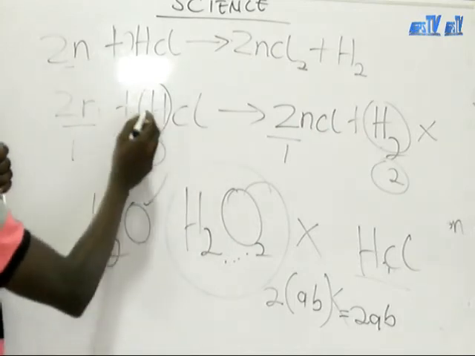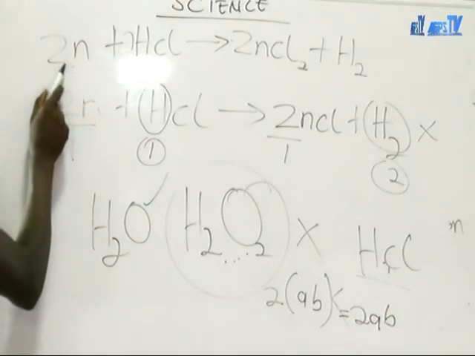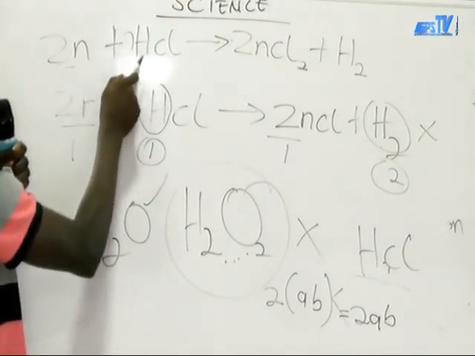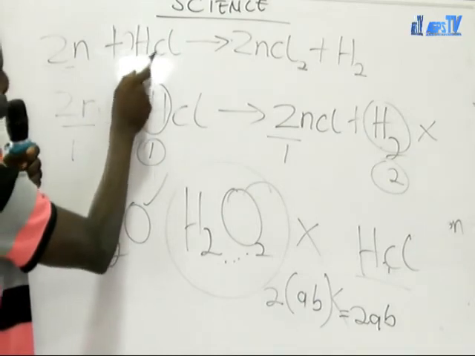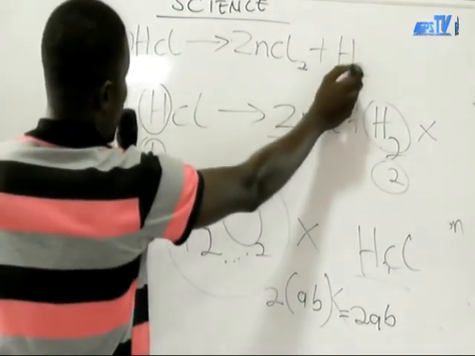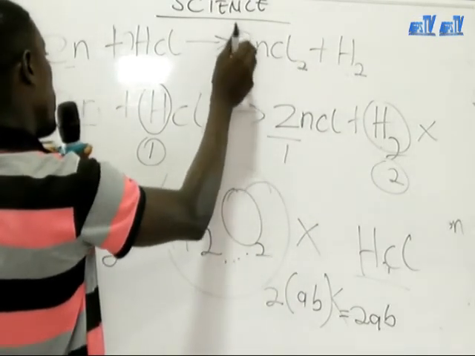So here the equation is balanced. If you count, we have 2 atoms of hydrogen, 2 atoms of chlorine, and 1 atom of zinc here.